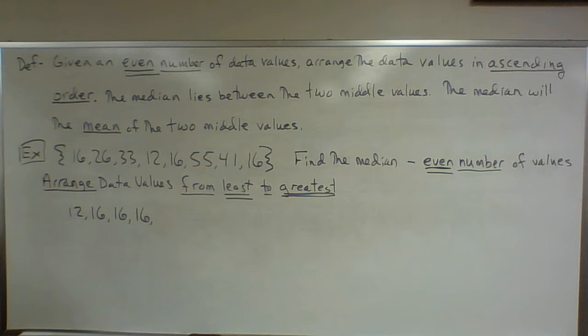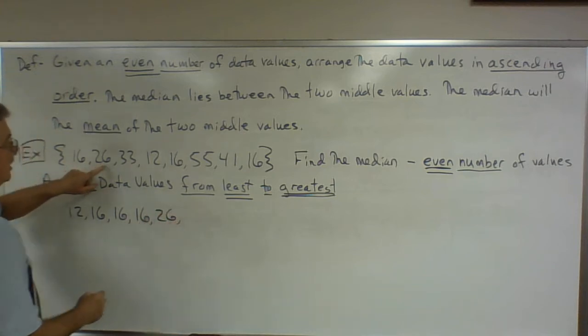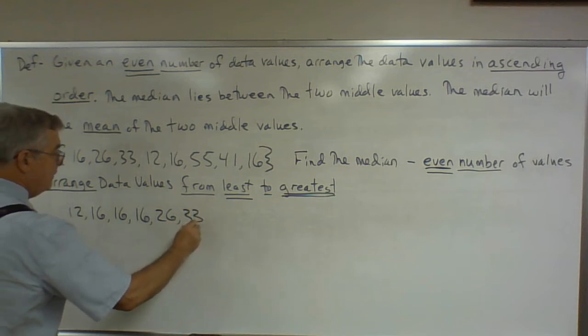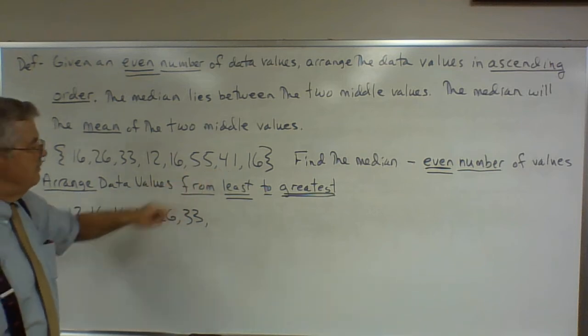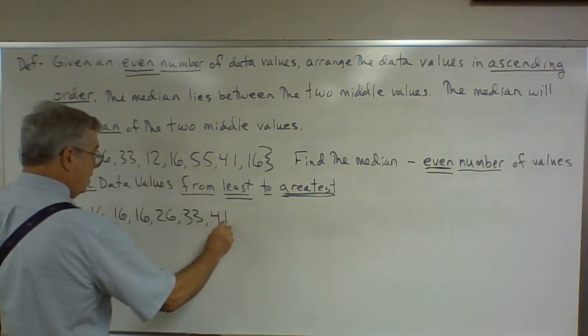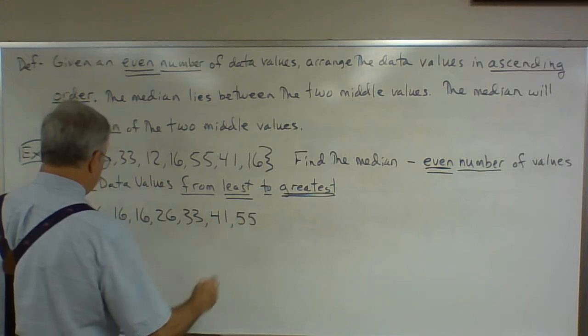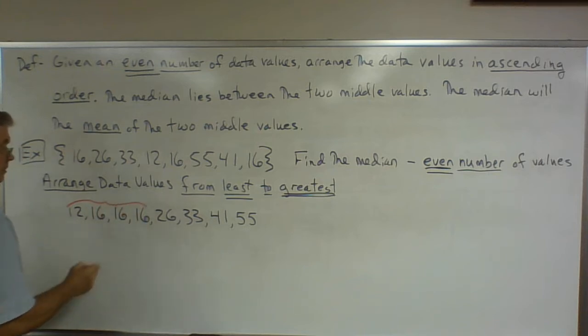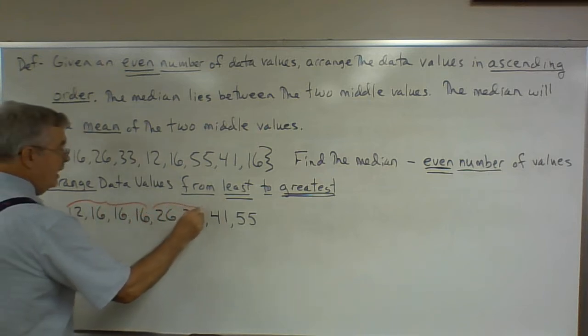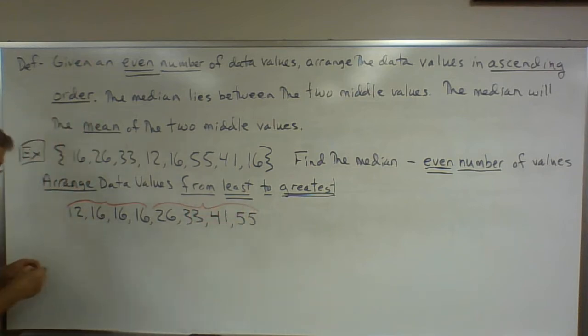So after 16, the next smallest value is 26, and then 33, I hope. And then 41 and 55. Now, it turns out that we have 4 values below the middle and an equal number, 4 values above.